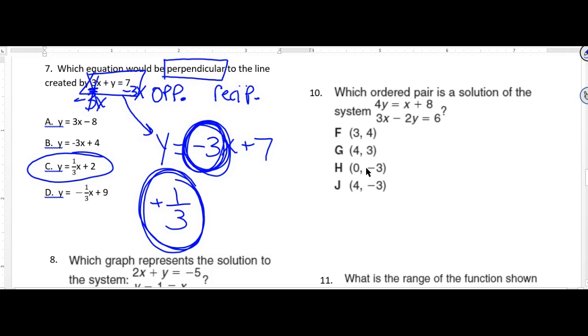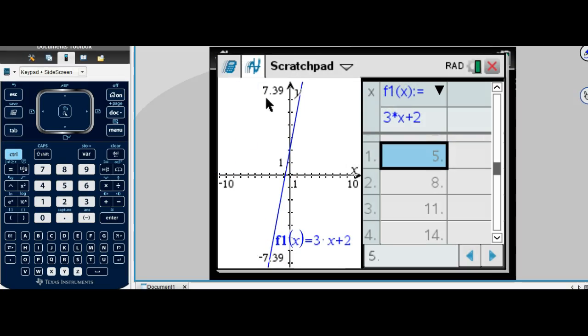Plan B, if you couldn't remember any of that, what you could do is go graph this equation in your calculator. 3x plus y equals 7.